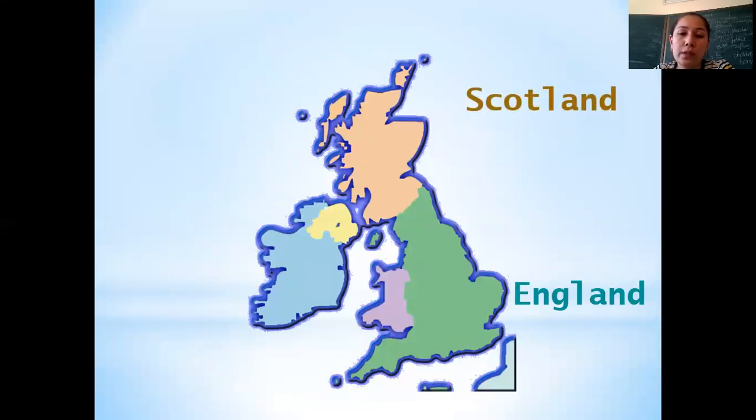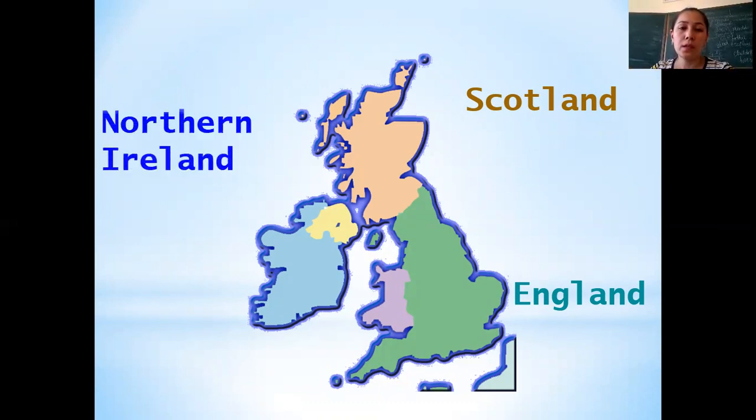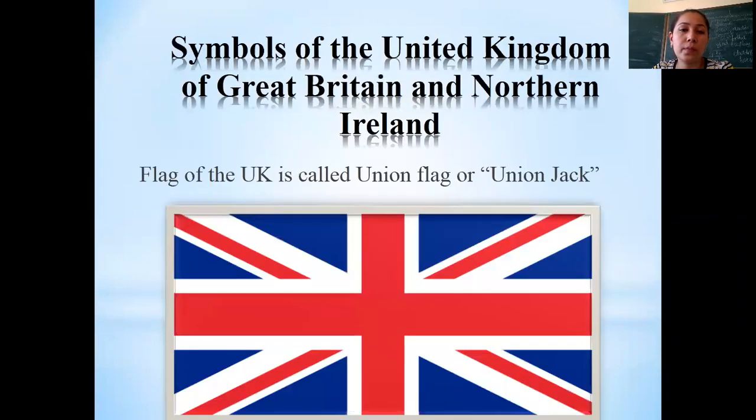Scotland, as we see, is in the south part of the map. Then Northern Ireland, as we see, is in the west part, and also Wales. Wales also is visible here.